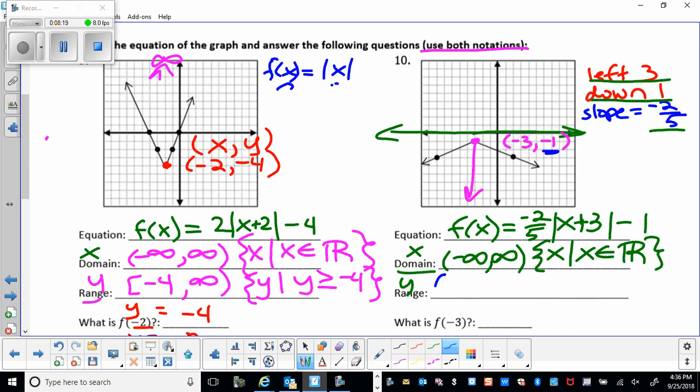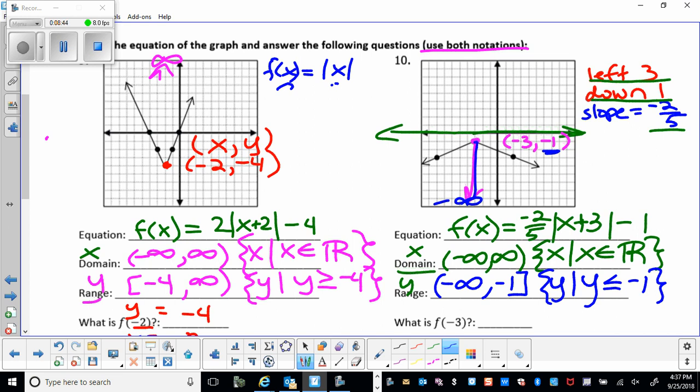Okay, and that's the highest y value. So I go from negative infinity, down here is negative infinity, to negative 1. And it includes, so I'm going to put a square bracket there, it includes negative 1. So now I'm going to say all the y's, and the y's have to be less than or equal to my negative 1, because they're going down.